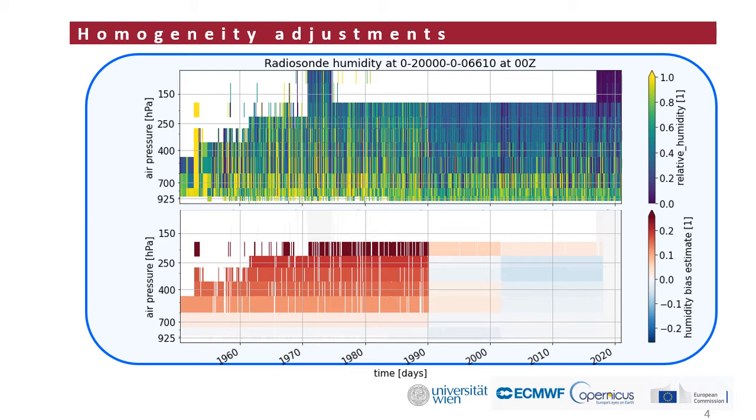The lower plot shows you the bias estimates calculated based on ERA5 departures, indicating a major shift of instrument sensitivity around 1990. Removing such biases helps reanalysis efforts to become more reliable and make full use of past observations.